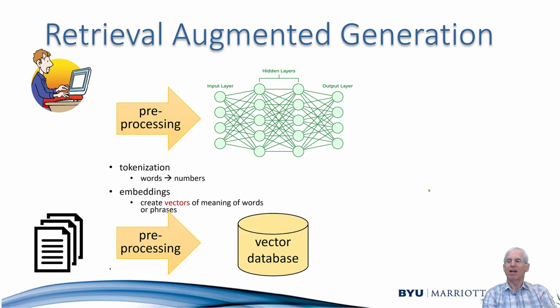You put it in a vector database. The vector database is basically a bunch of vectors, a bunch of embeddings that we store chunk by chunk. So we take this entire book and break it down into little chunks, maybe a page at a time. They're not really a page at a time, but little chunks, and we embed each of those chunks, summarize the embeddings, and put them in a vector database.